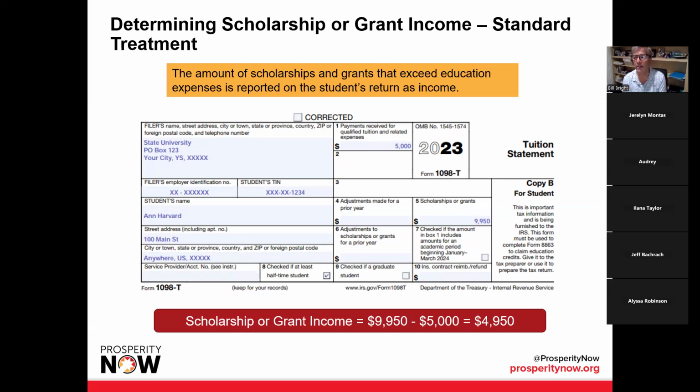In all likelihood, this will go on the student's tax return because, again, he received the money. If it was closer, let's just say there was $5,500 in scholarship or grant, you could make the argument that for the $500, you bought books or paper supplies or something. It's when it gets to this kind of number that we see a problem.